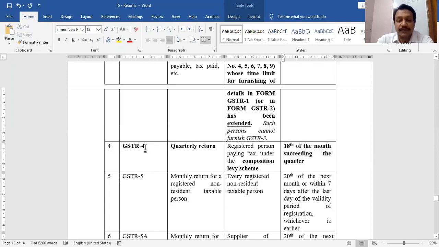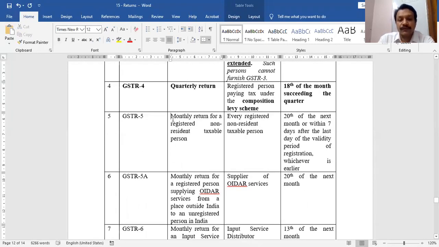Next special person, the non-resident. Being a non-resident, that person may not do business on a regular basis. So for these people you have a special form, GSTR 5.